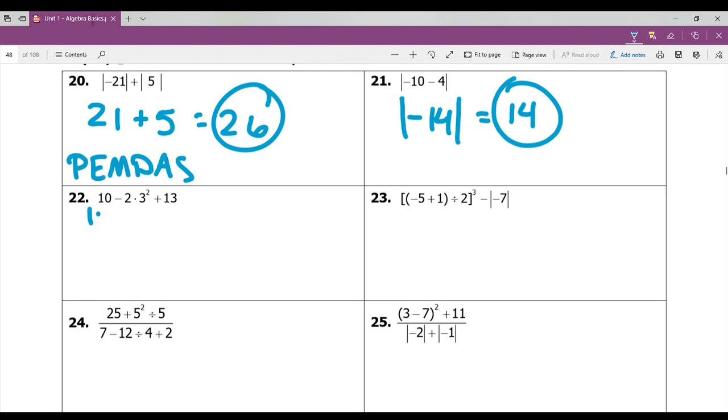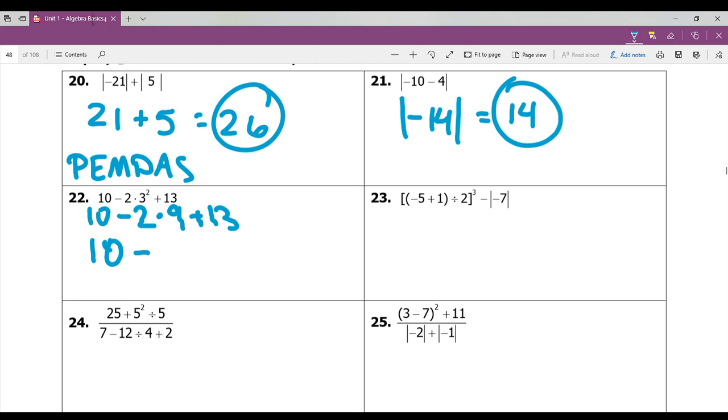So all I'm going to do is replace 3 squared with 9, because that's what 3 squared is. Okay? Now I go to multiplication or division, whichever one I come across first. Here's multiplication. 2 times 9 is 18.